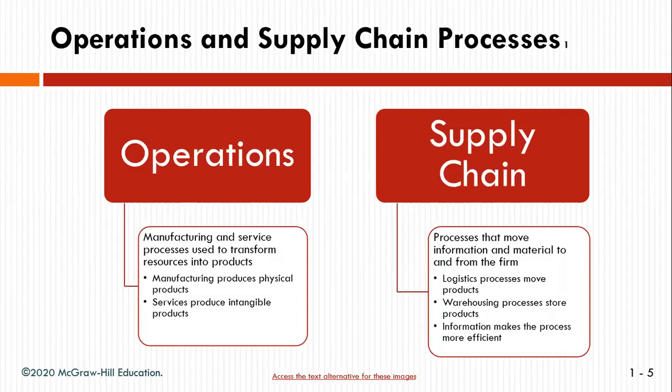So you look at how we move the products within the organization, within its manufacturing or between one supplier and another customer or supplier. And the second part is the warehousing and the procedures of warehousing, and information makes the process efficient.